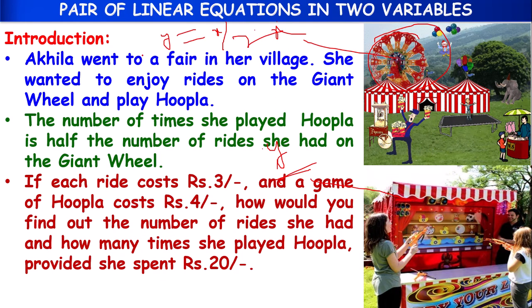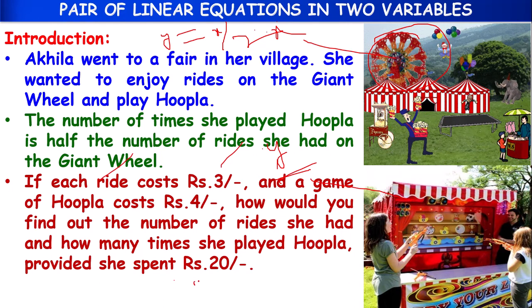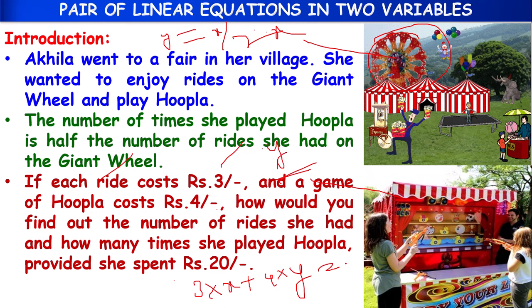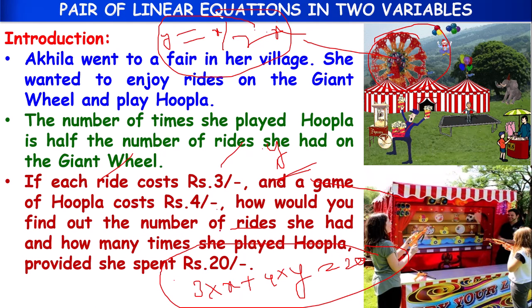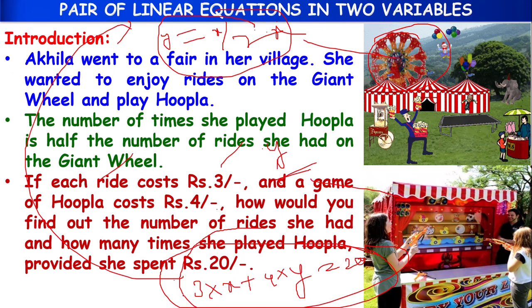That is one situation, one equation. Each ride costs ₹3, number of rides X, so 3 into X. Each hoopla game costs ₹4, into number of games Y, which is equal to 20. This is another equation. So we have two equations: Y equal to X by 2 and 3X plus 4Y equal to 20. If we solve these two equations, we will get the values of X and Y.